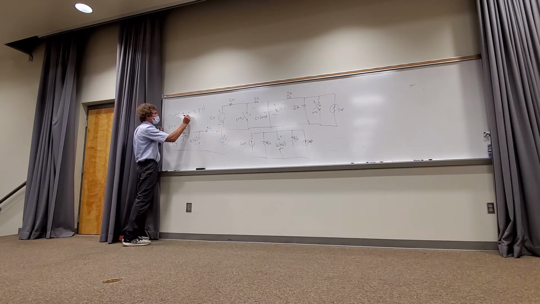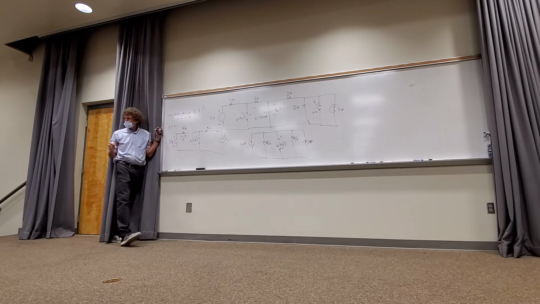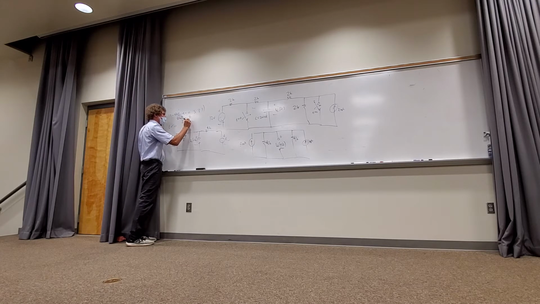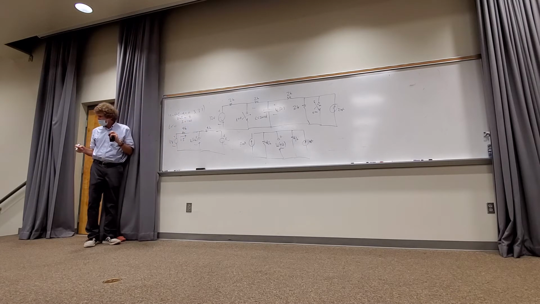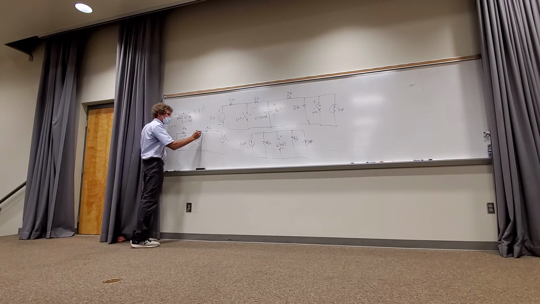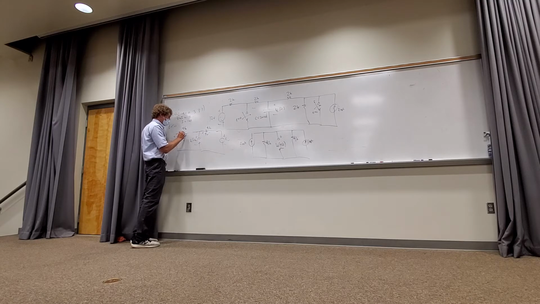And I would have 8 volts equal to 8K times I, right? Because I get rid of the minus. And that means I equal 1 milliamp, right? If I equal 1 milliamp, then I know the voltage here would be 4 volts, and this would be 4 volts, right?